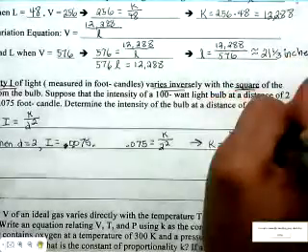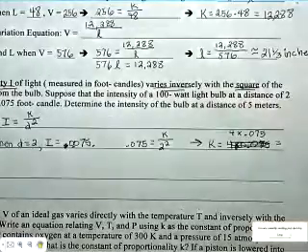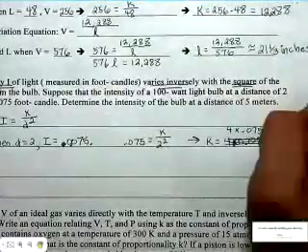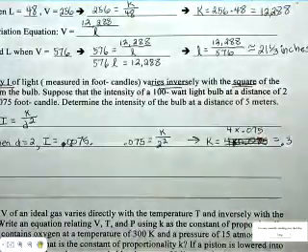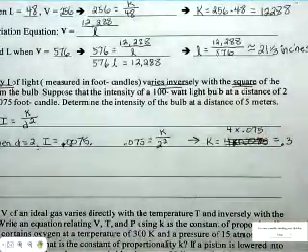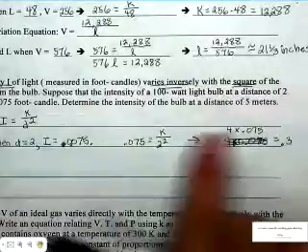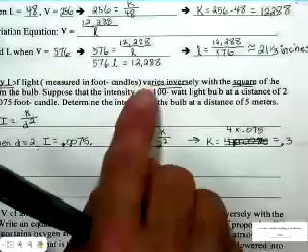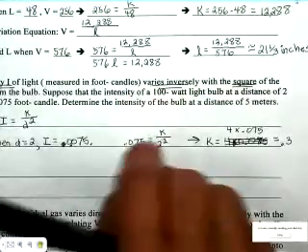What is 4 times 0.075? 0.3? That's just the constant for this 100-watt bulb. If I had a different bulb, it would produce a different intensity of light, and that constant would be different.